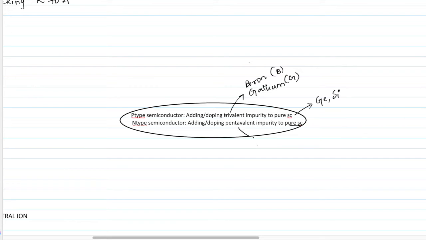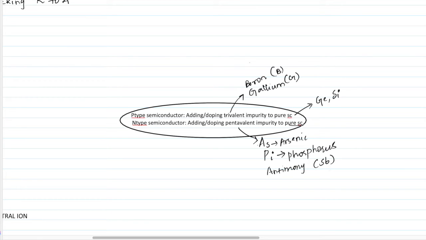If you are adding a pentavalent impurity like arsenic, phosphorus or antimony, these are pentavalent impurities.